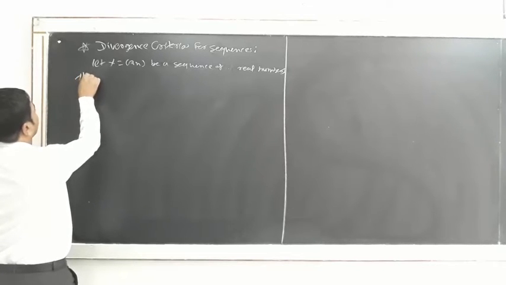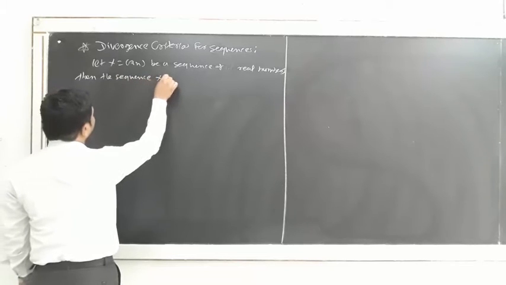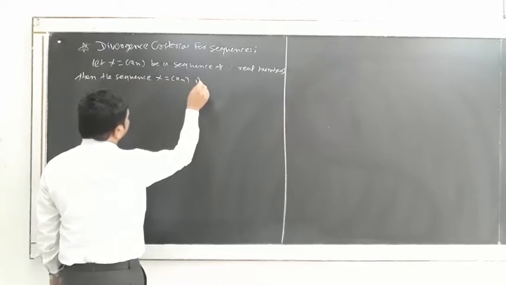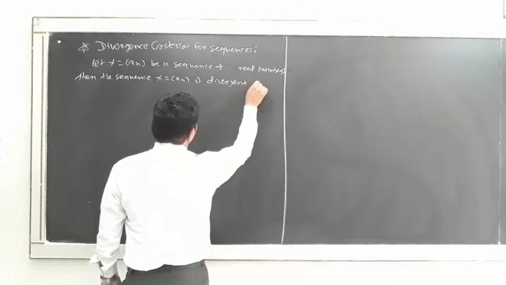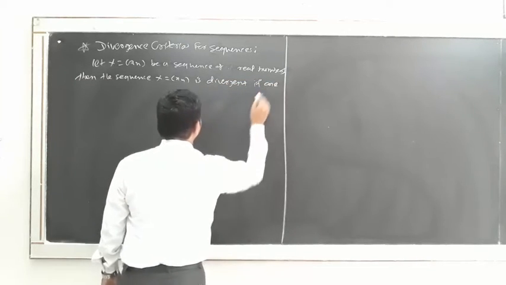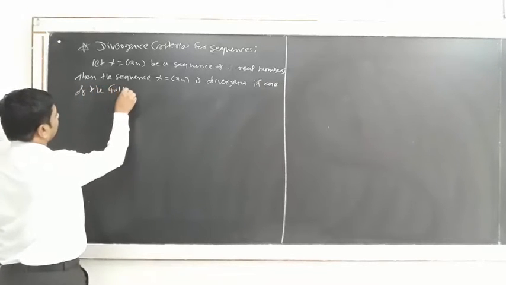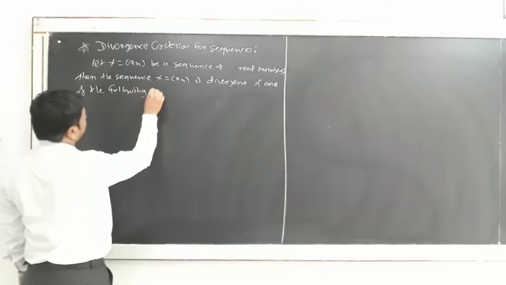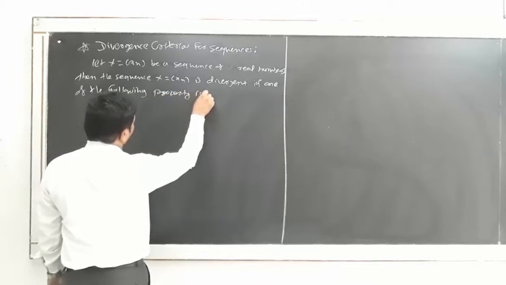then the sequence X = (xn) is divergent if one of the following properties does not hold.